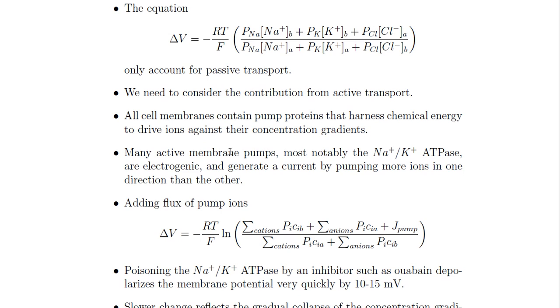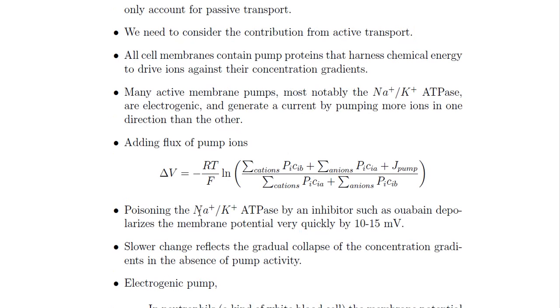Many active membrane pumps, mostly the Na+/K+ ATPase, are electrogenic and generate a current by pumping more ions in one direction than the other. So here we add the flux of the pump ion, J pump.